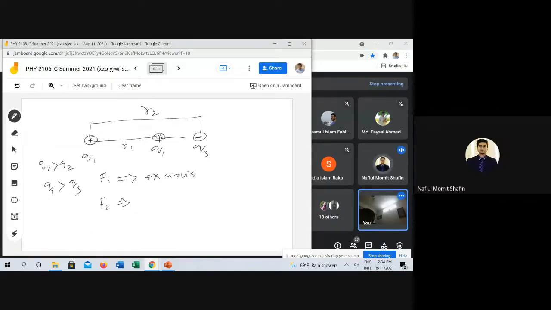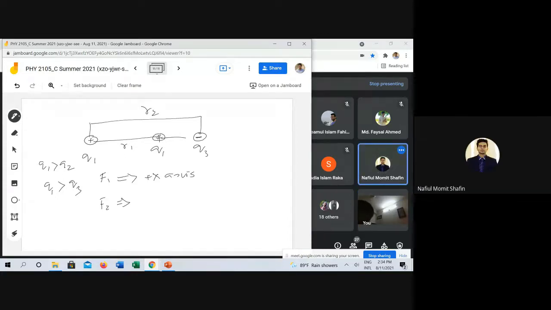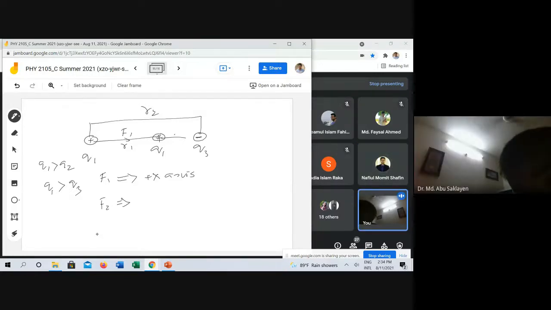Q1 attracts Q3, so what will be the direction? Negative x-axis. So this is F2, negative x-axis. One is positive x-axis F1, and another is negative x-axis, right?